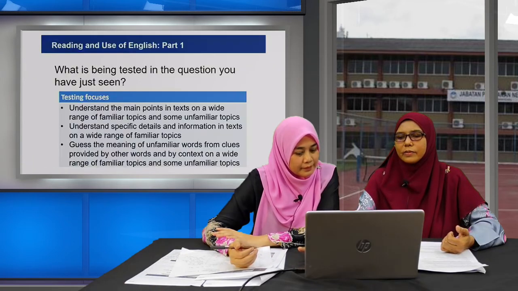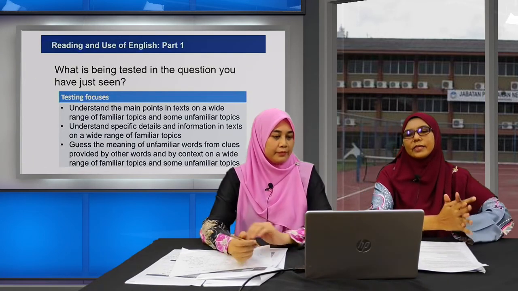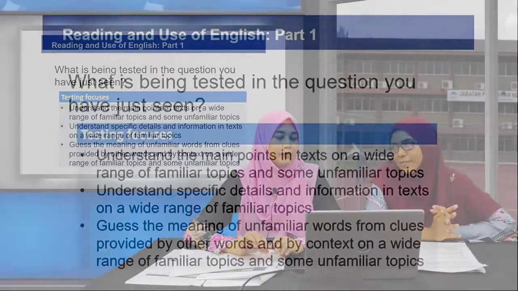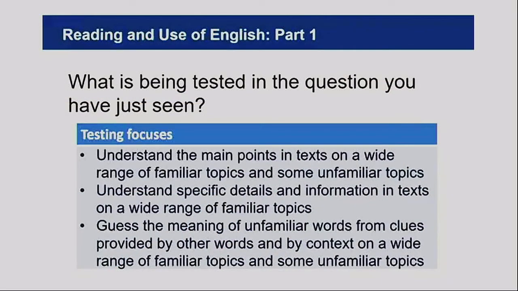Let me go to the next part. What is being tested in this part? There are four testing focuses. Number 1, understand the main point in the text on a wide range of familiar topics and some unfamiliar topics. Number 2, understand specific details, as what you asked me just now.